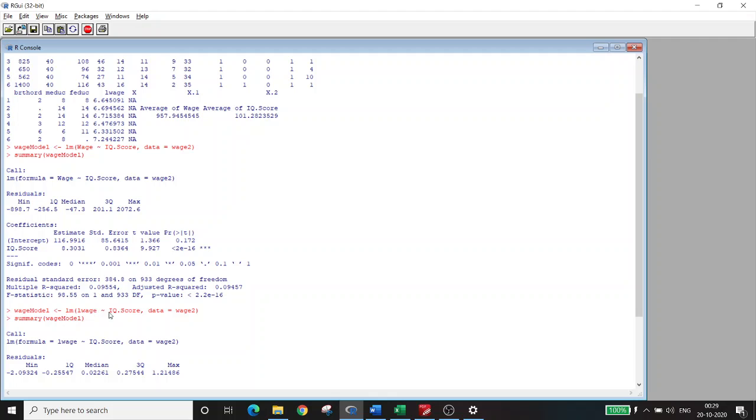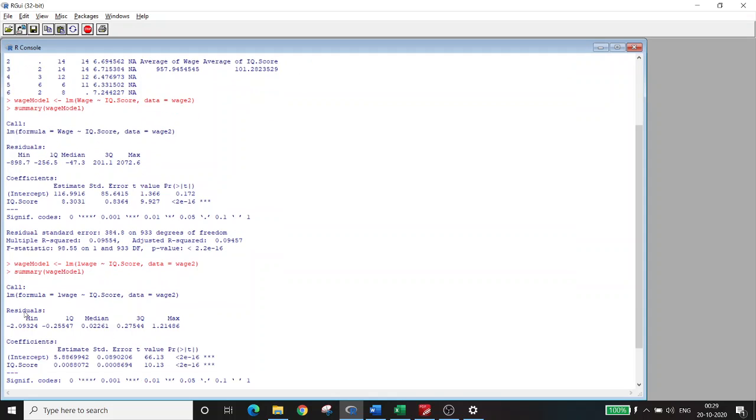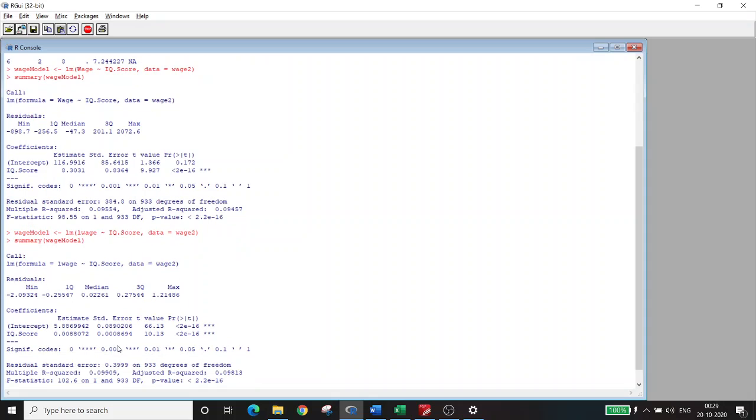So in order to answer the third part of the question, I'll regress not wage, but log of wage now on IQ score. So this is the summary of the third regression. The estimate value comes out as 5.8869, rounded off to two decimal digits as 5.89, and the coefficient of IQ score comes out as 0.0088.